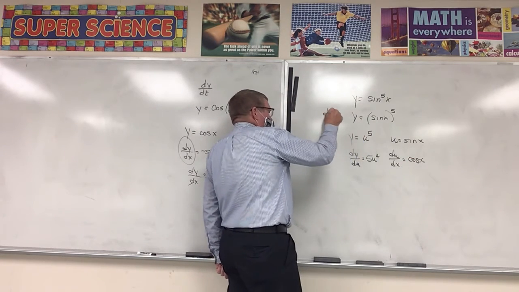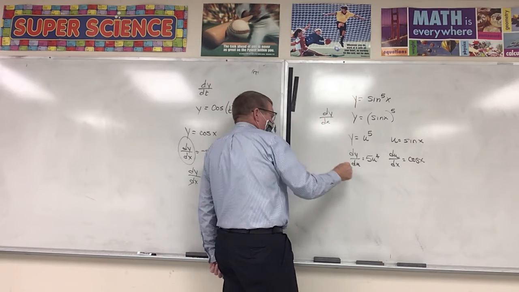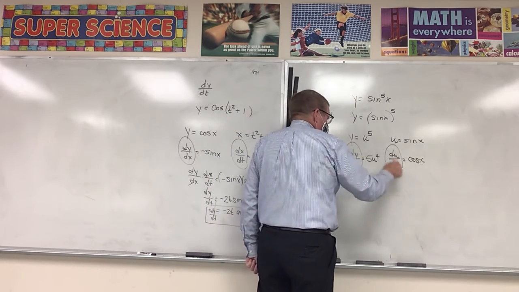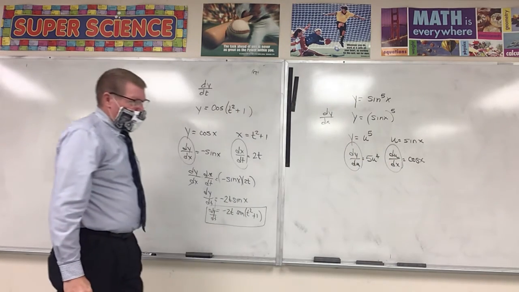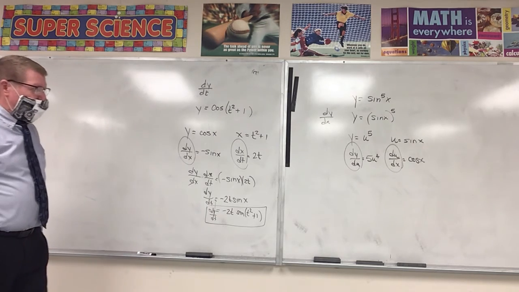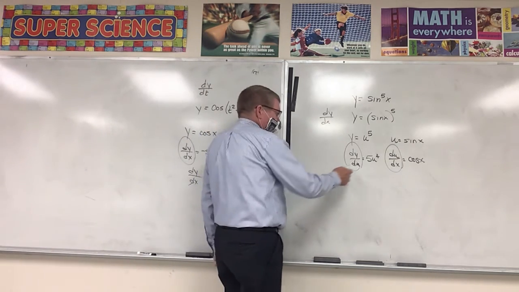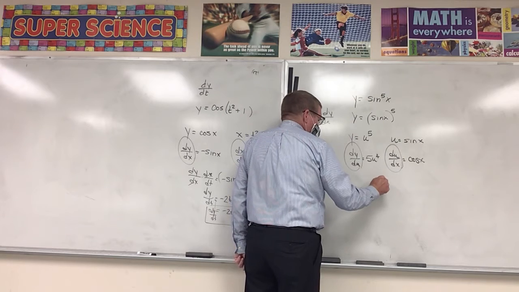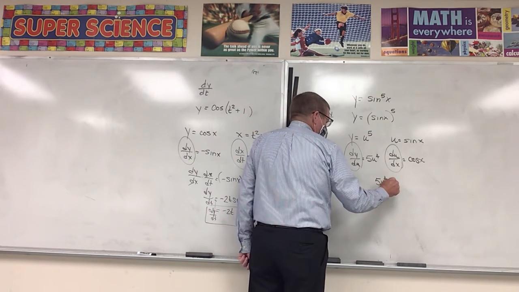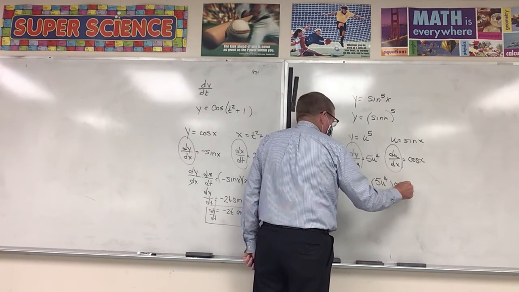I want dy over dx. Well, how do I get dy over dx from these two functions? Multiply them, so I get the du's to cancel out. So I'm going to multiply these: 5u to the fourth times cosine x.